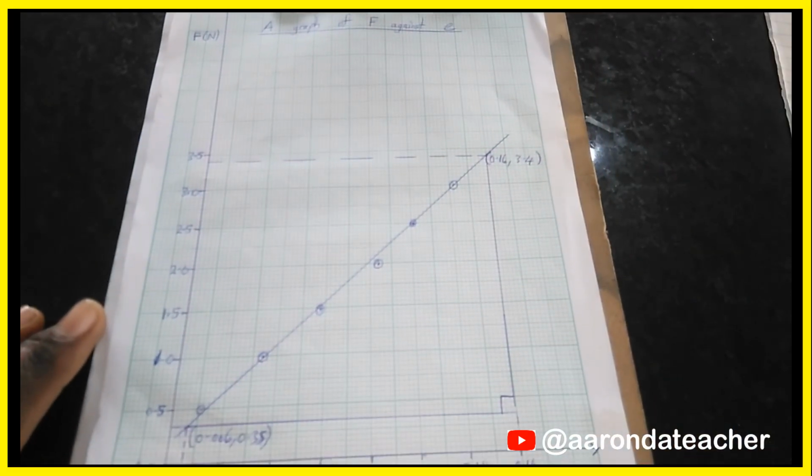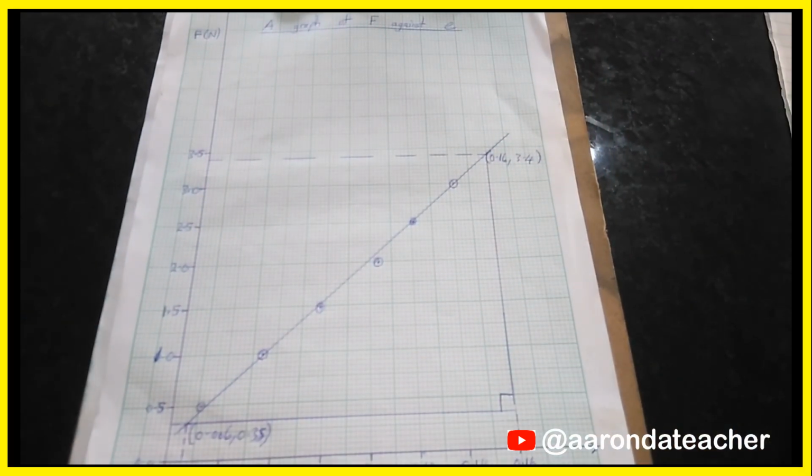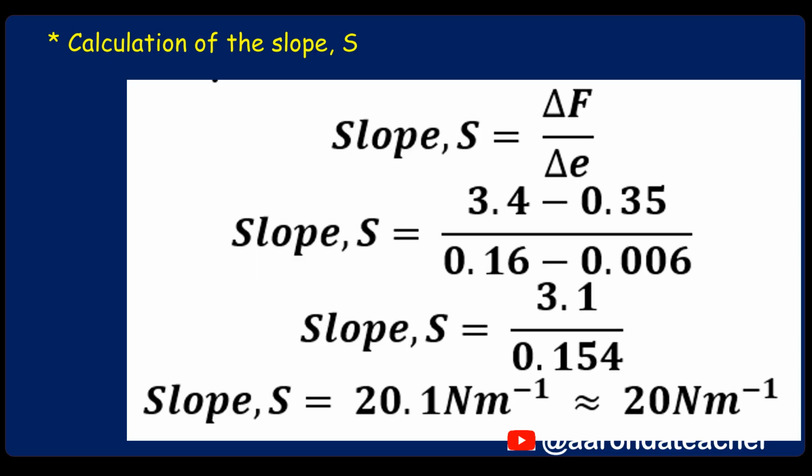So what we are remaining with is to get the slope. So we are proceeding on to calculation of the slope S. And calculation of the slope will be obtained from change in F divided by change in e. Change in F means that we are getting a difference in the values of F, which is the force, divided by the difference in the values of the extension, which is e.